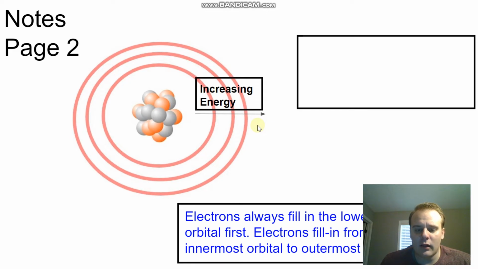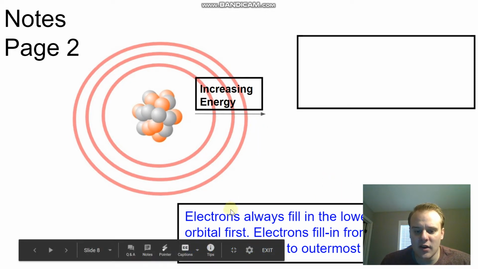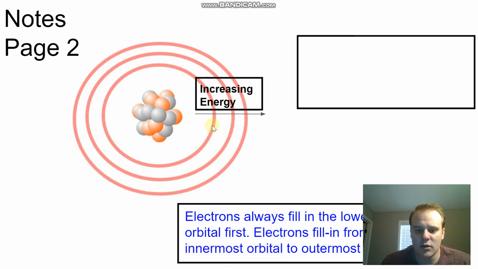And electrons always fill in the lowest energy orbital first, or what we should say is they'll always fill up this inside orbital first and then start filling in the higher energy orbitals on the outside, right? They'll just keep filling in until one orbital is completely full, and then they'll start filling up the next orbital.